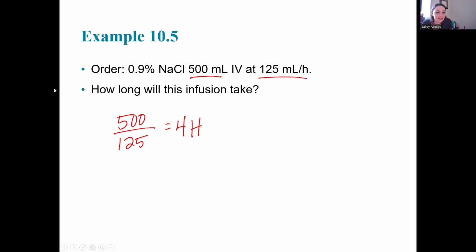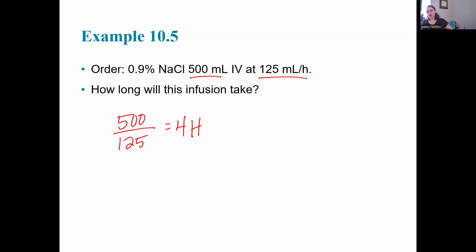Our desired is 500 milliliters. We have 125 milliliters times our 1 hour. You just divide it and it's 4 hours. Okay. Or you could say 125 plus 125 is 250 plus 125 plus 125, or you can figure it out that way too.